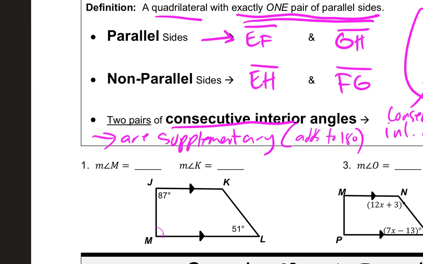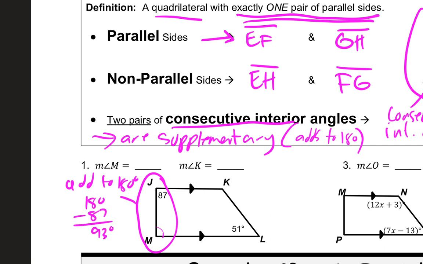This one has one pair of parallel sides and two that are not, so this is a non-isosceles trapezoid. We said that those are supplementary. They add to 180 degrees. So to find this one, I would subtract from 180: 180 minus 87 gives me 93 degrees. So this one right over here is 93 degrees.